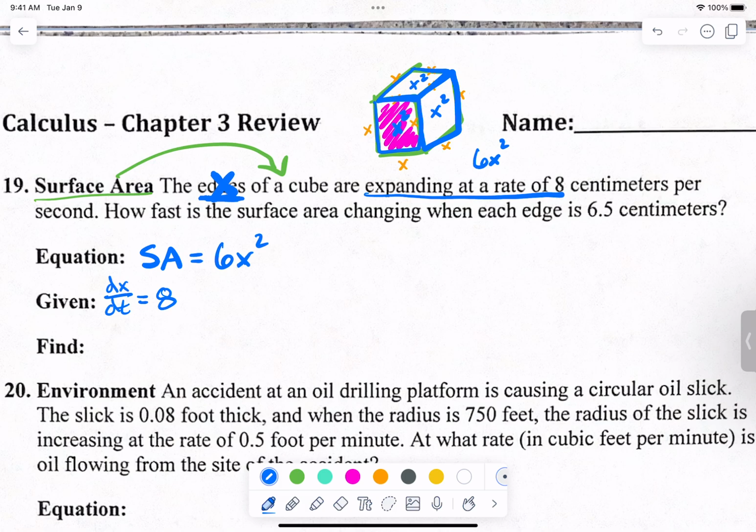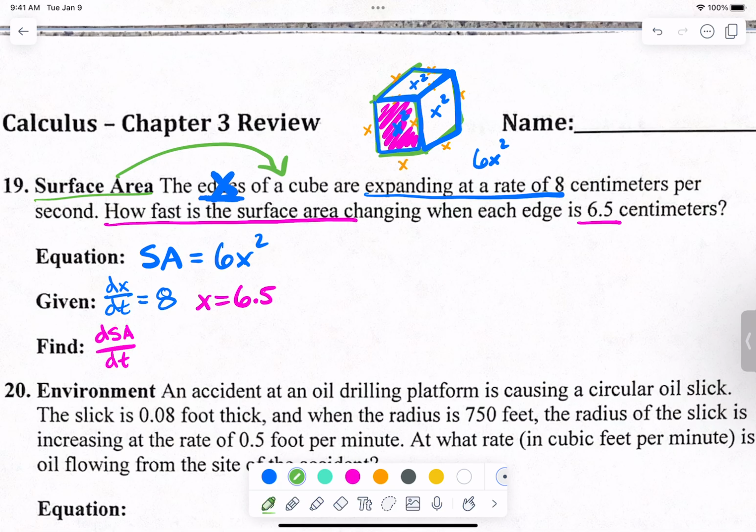How fast is the surface area changing? What are we trying to find? d(surface area)/dt is what we're trying to find, right? When each edge is 6.5, what does that mean? Each edge, x, is 6.5.